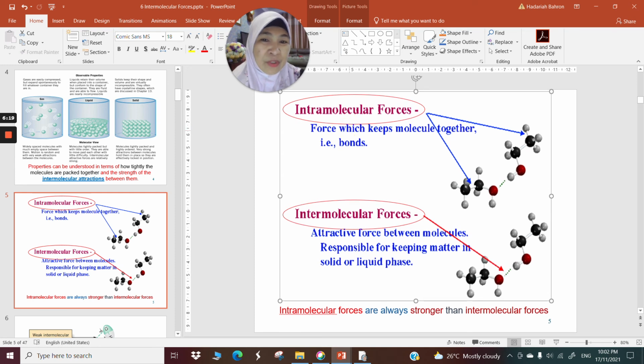Intramolecular forces will not influence whether a molecule exists in solid, liquid, or gaseous phase, whereas intermolecular forces determine that. However, the intramolecular forces, or the bonds within the molecule, are always stronger than the forces between the molecules, or intermolecular forces.